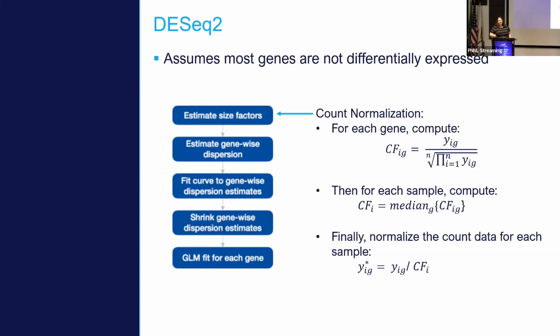So if you are studying samples that you know are going to be vastly different, this is probably not the analysis model for you. If you think a majority or even a large proportion of your genes should be differentially expressed because you're studying different biological conditions or treatments that are just going to be very different, this is probably not the way to go.